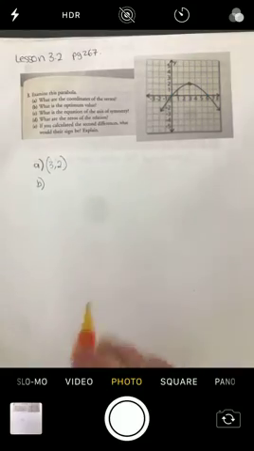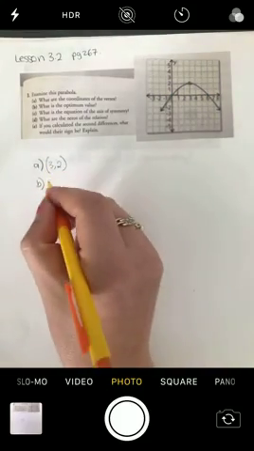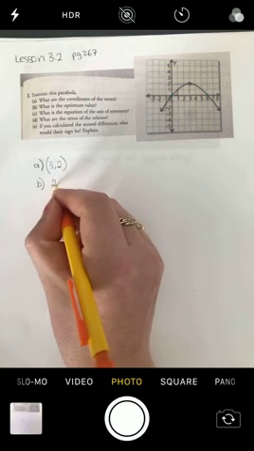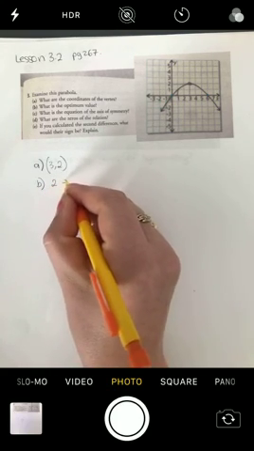B then asks us, what is the optimum value? This is where we need to remember that our optimum value is the y coordinate of the vertex. So our optimum value would be 2. And is this a maximum or a minimum?